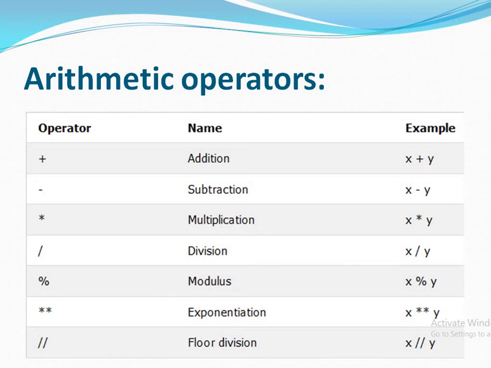It returns only the integer, so you can call it integer division too. Instead of calling it float division, you can call it integer division. The single slash returns the value with the decimal point also, but the double slash returns the value only as an integer. It does not consider the value after the decimal point.